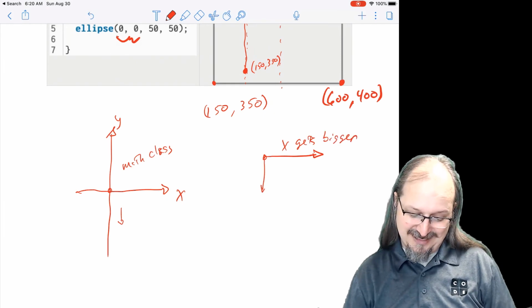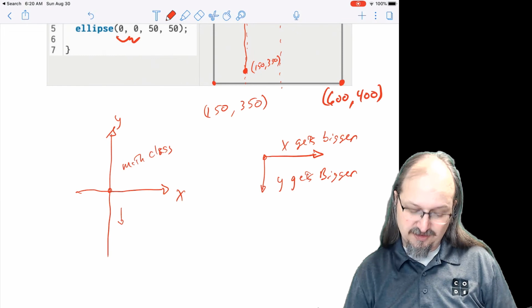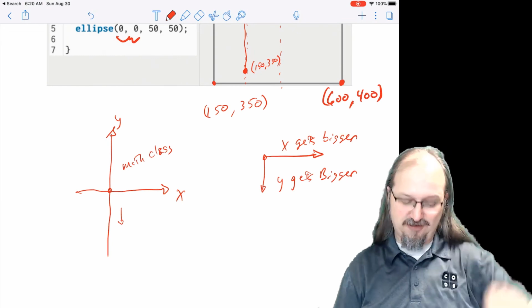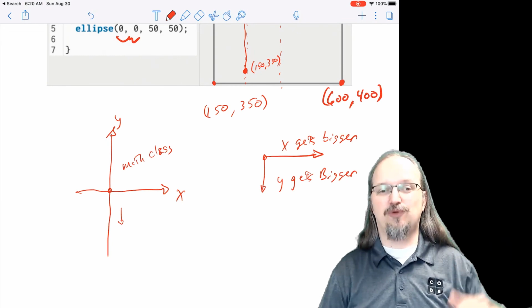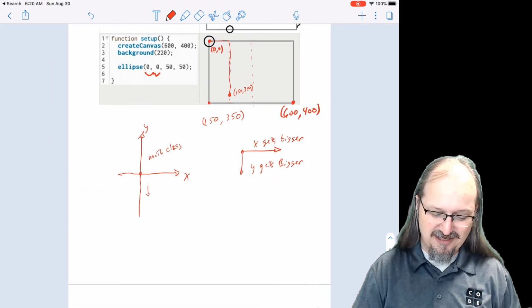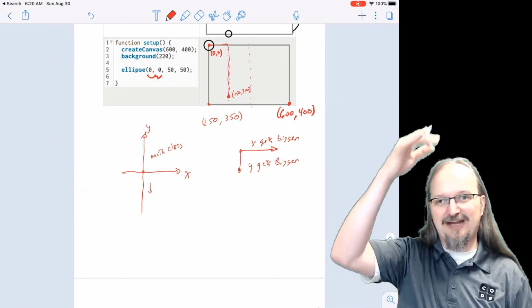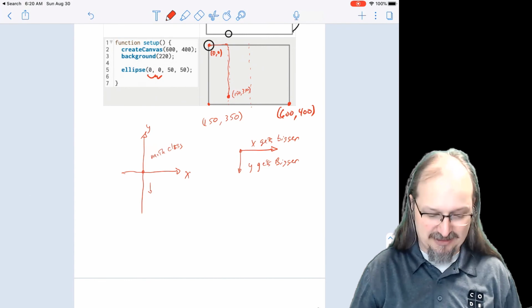And going down, y gets bigger. So the top left corner is the origin rather than the bottom left corner. Okay, so that's a key difference of how drawing things in our canvas is going to be in p5.js.